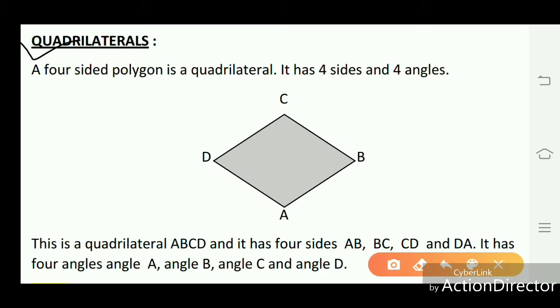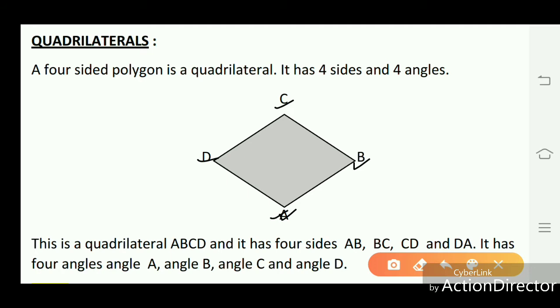Quadrilaterals. A four-sided polygon is a quadrilateral. It has four sides and four angles. Like this figure, this is quadrilateral ABCD: A, B, C, D. It has four sides: AB, BC, CD, and DA.